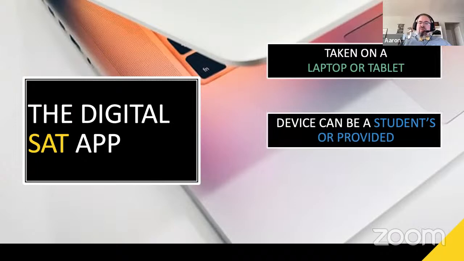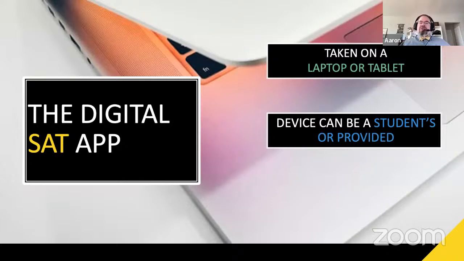So another one is that the device can be either a location provided device or a student's device. Now, this policy is going to depend on the location and on the details of your relationship with the location. For instance, this is likely going to be the case if you are, say, having the SAT administered at your own school. It's likely you'll be able to bring your own device.